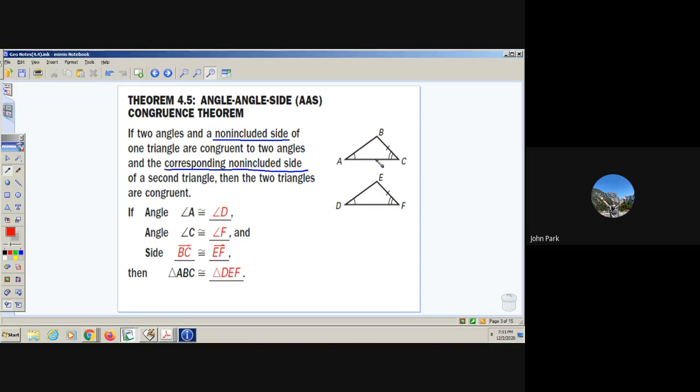If it's not in the middle, whether it's here or on the other side, it doesn't matter. Both will work. That would be the angle angle side. So as long as two angles are congruent to two angles on the other triangle, you just need to show one more side. It doesn't matter which one, because they will all work, whether you're using angle angle side or angle side angle, right? So that's a theorem, the angle angle side congruence theorem, all right?